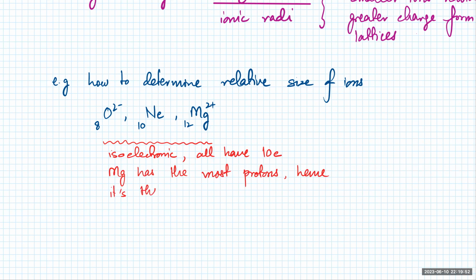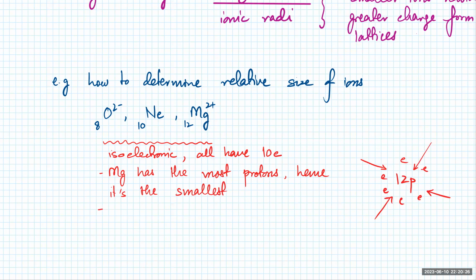Is that clear? Why does that make it the smallest? Because it's got 12 protons. 12 protons will attract the 10 electrons around it strongly. They all have 10 electrons, but Mg has the most attractive power out of all of those. Is this clear? Yep. And oxygen is the least.